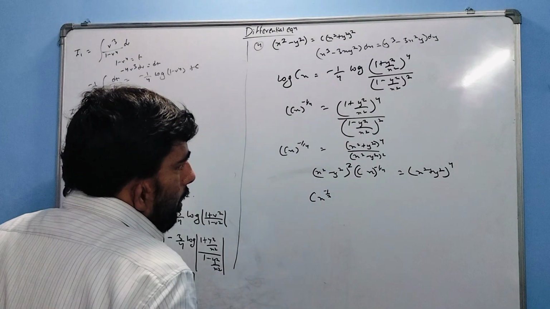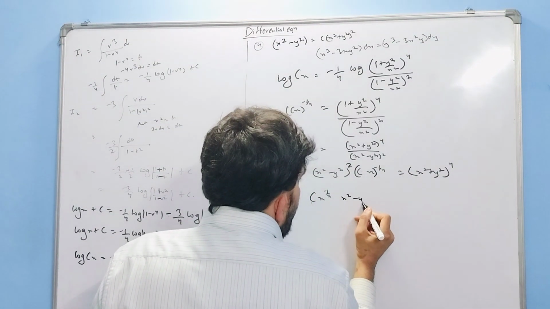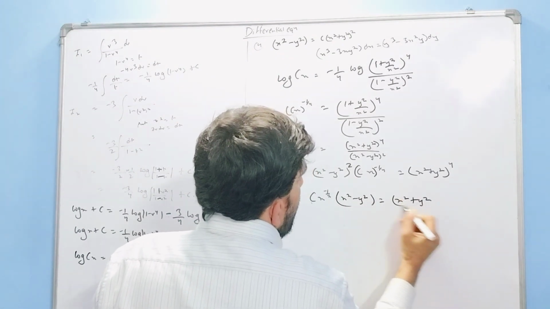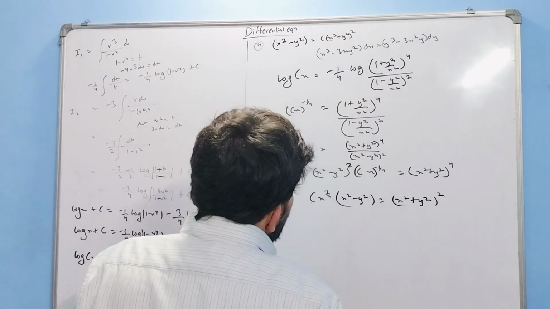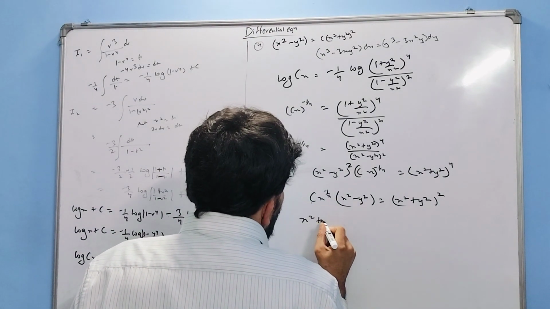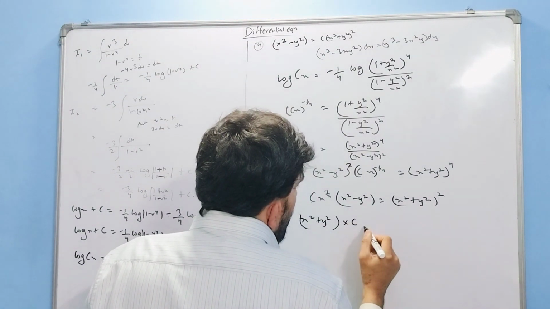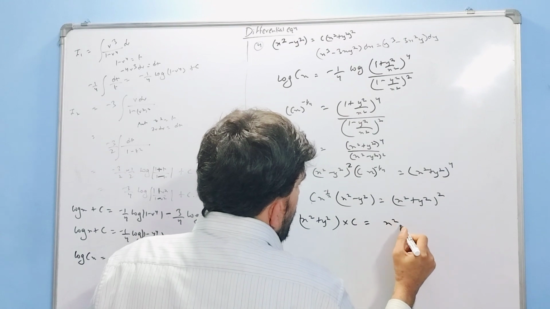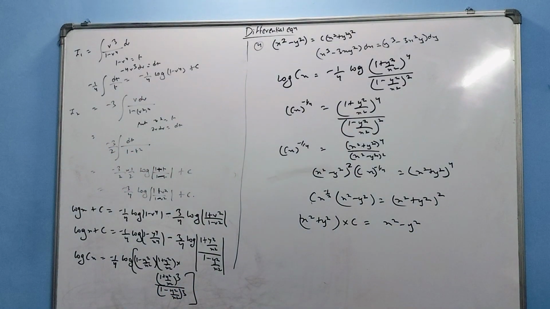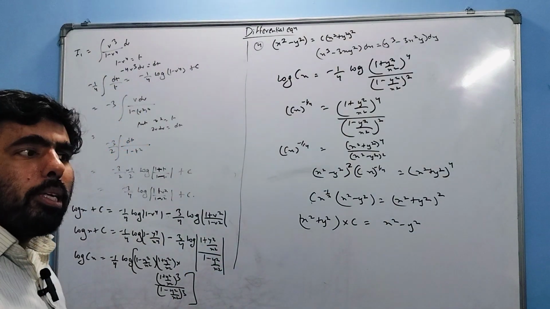So it will become c into x square minus y square is equal to x square plus y square whole square. This whole is minus, so it will be reduced. So we got x square plus y square into c is equal to x square minus y square, which is the required general solution of the given differential equation.